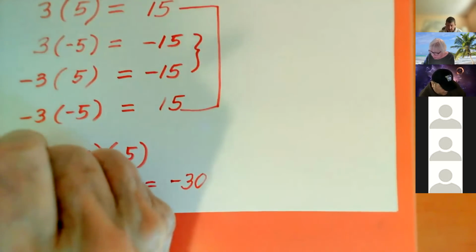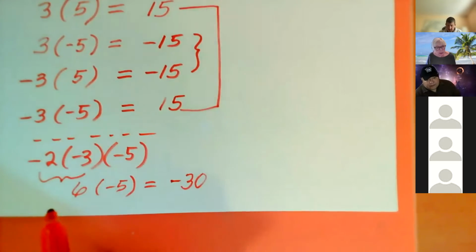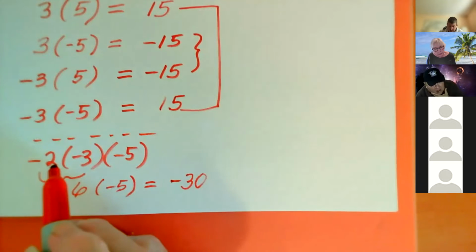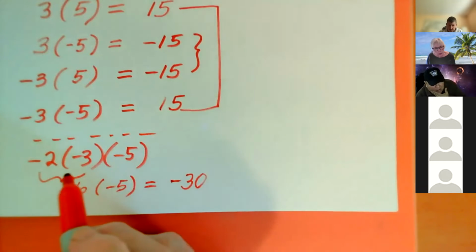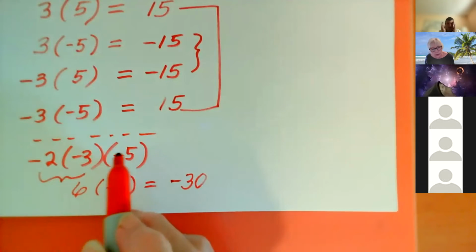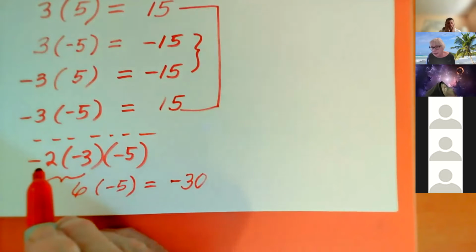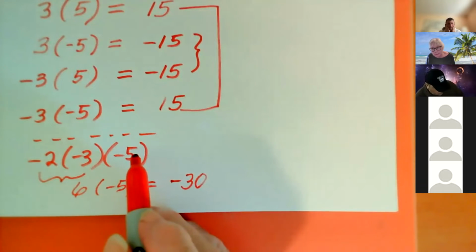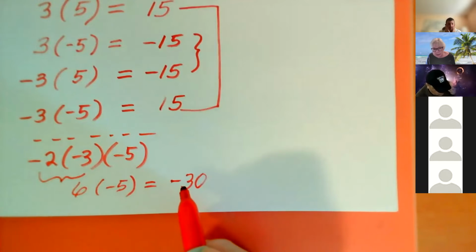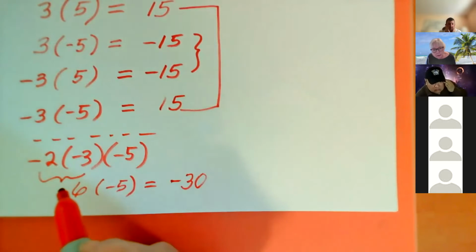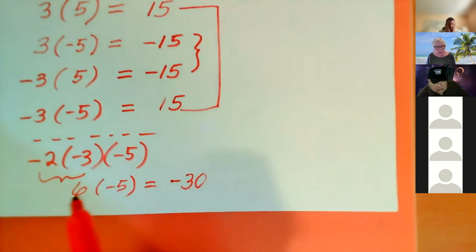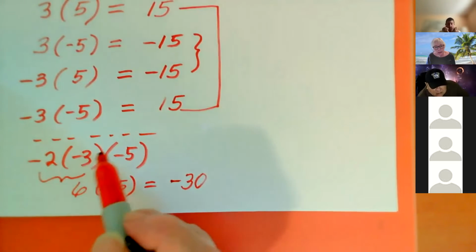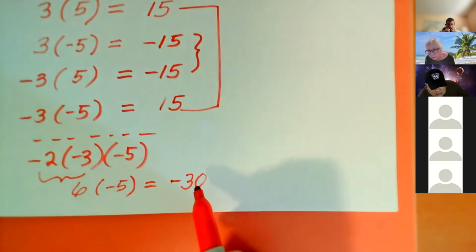I wanted to just extend it so that you can see what's happening. Usually it's just 2 at a time. But literally, if it's all multiplication, you can literally count the negatives. 1 negative would have been negative, 2 negatives would have been positive, but 3 back to negative. And so one way to do this particular problem is just to multiply the numbers. 2 times 3 is 6, 6 times 5 is 30.